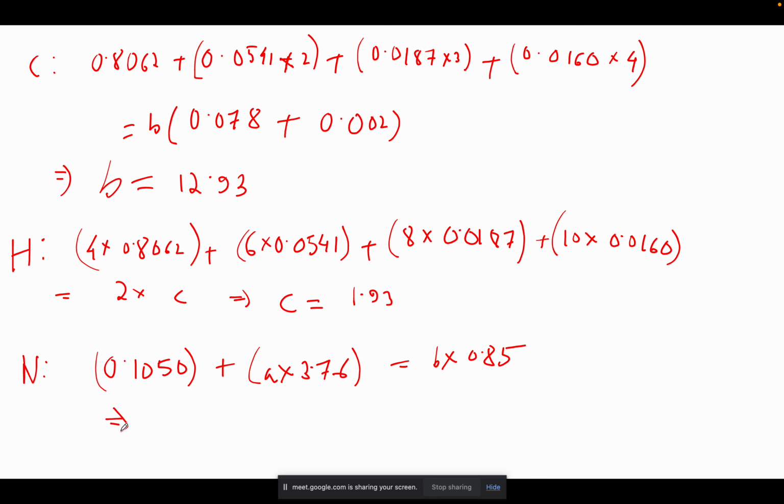So this implies A is equal to 2.89. Okay, so you have got 2.89.